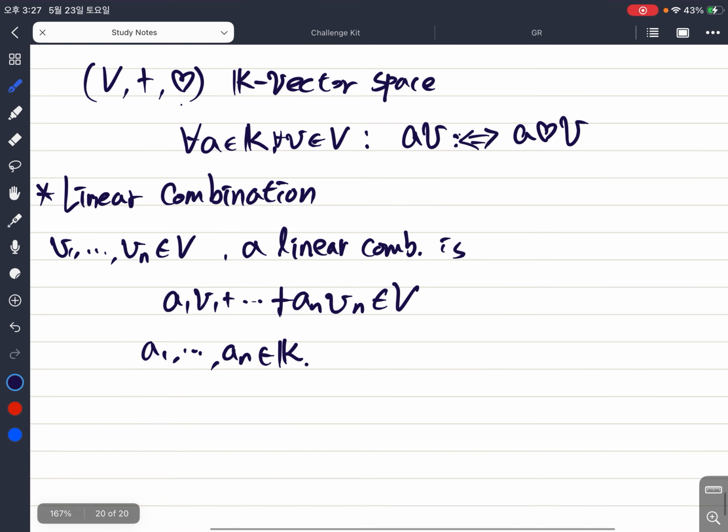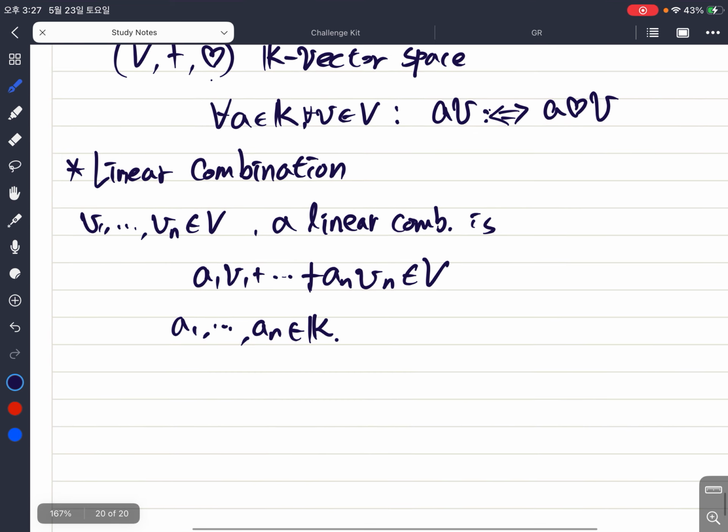So it is just some number times a vector, and their addition. Of course it is just a vector, because summation is closed and scalar multiplication is closed. So nothing but sums of vectors and scalar multiples of vectors, basic operations.